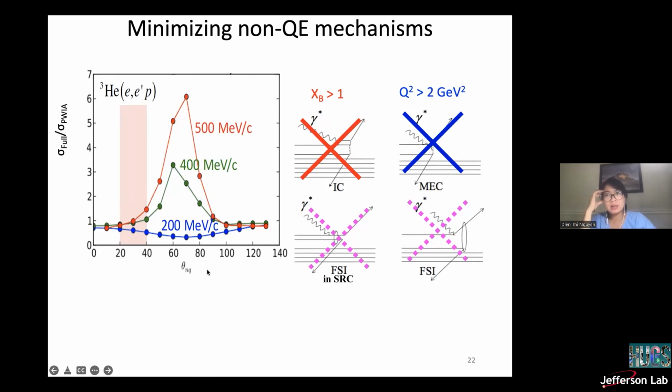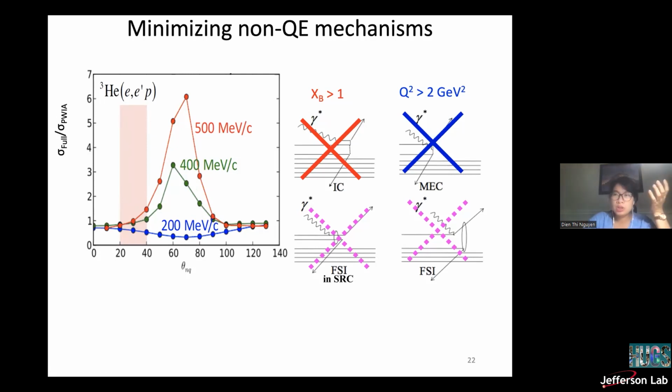So this one we can reconstruct into an experimental measurement. From this calculation, you can see that the final state interaction seems to peak right here. It is a really big effect if this angle is around 70 something. But if the angle is smaller or larger, this effect is much smaller.